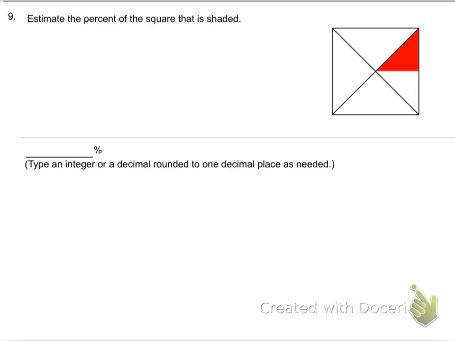Estimate the percent of the square. Can you do that by hand with no calculator? So figure out what percentage that is. I would start with a fraction. Just start saying what fraction. First find out what fraction, and then change that fraction to a percentage.